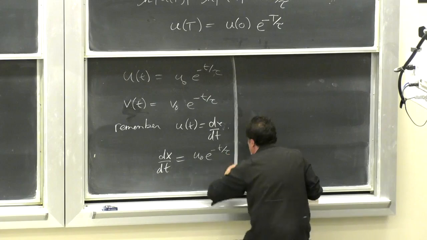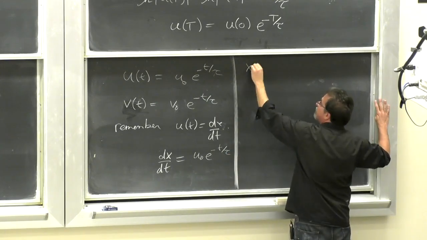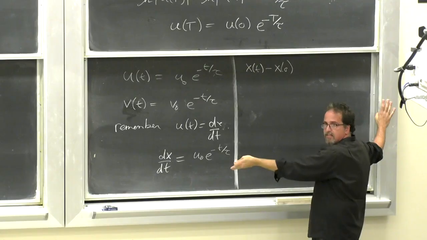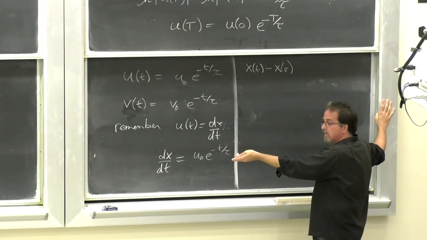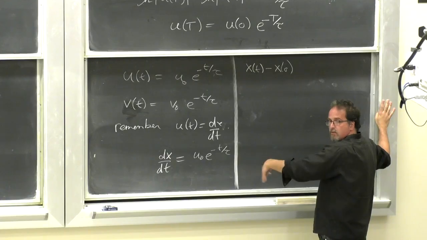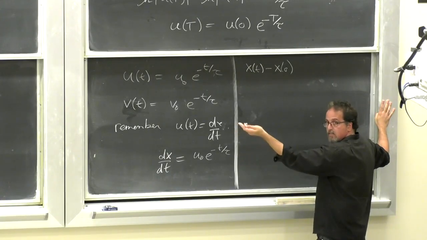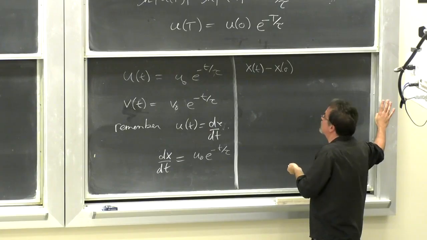And so let me write the integral down. The x of t minus x of 0, I'm just doing the integral of the left-hand side with respect to time. And I'm using the fundamental theorem of calculus, right? If you take the antiderivative of dx dt, it's x at the end time minus x at the beginning time.